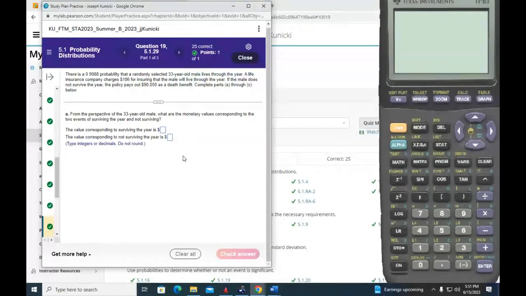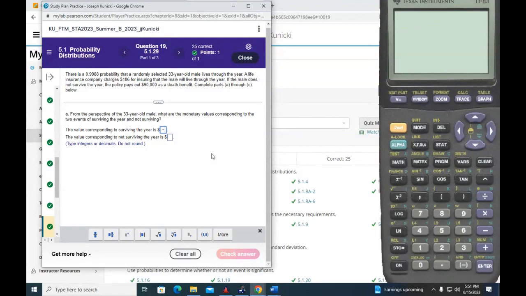0.9988? No, that's a probability of them surviving the year. We want the random variable, the value corresponding to surviving the year. It's the money. So it would be their, well, it's only half right. You need a minus, because you pay it. That's what it's going to cost him to live the year.